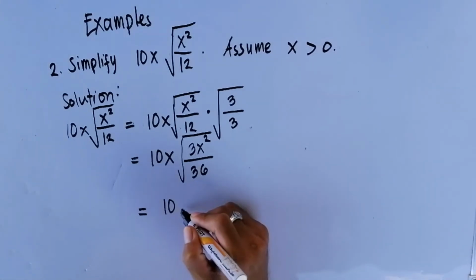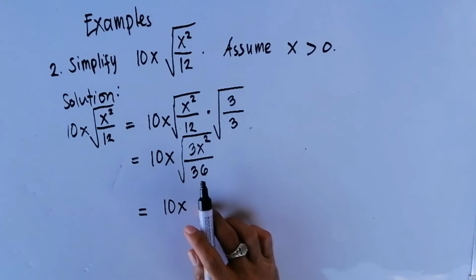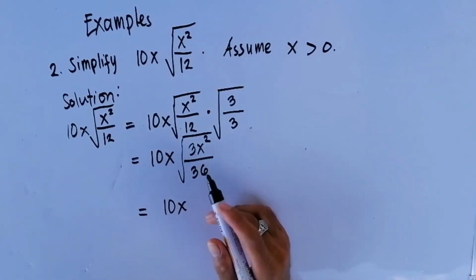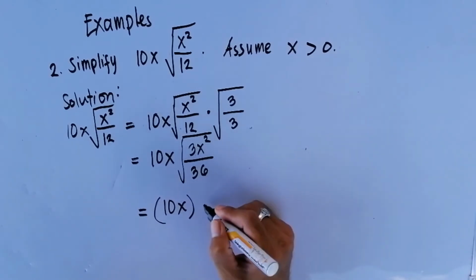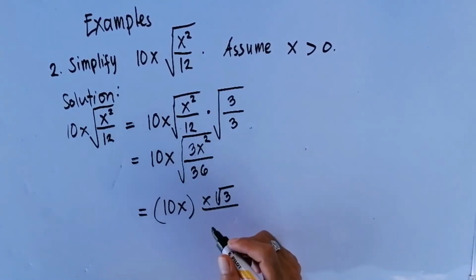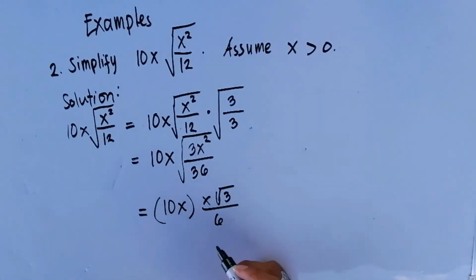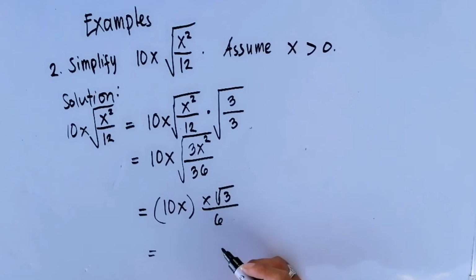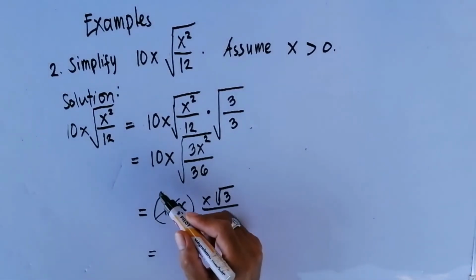Okay, 10x times the square root of 3x squared, since x squared is a perfect square, so that is x times the square root of 3 over the square root of 36, that is 6. Then factor, so this one factor by 2, so that is 5.